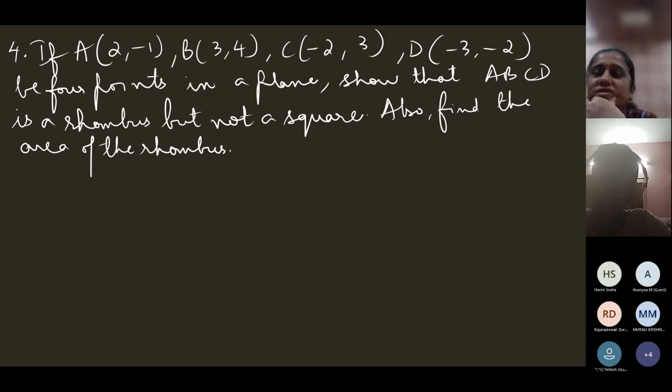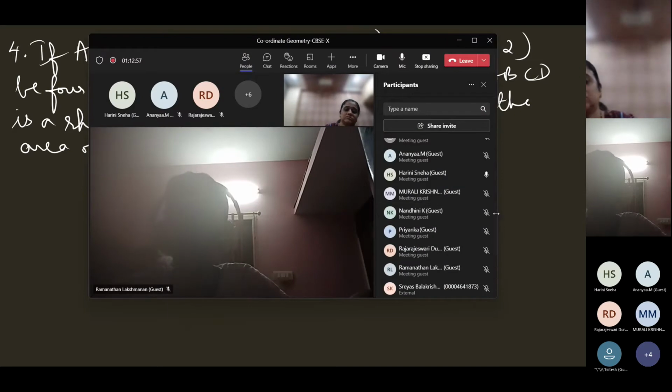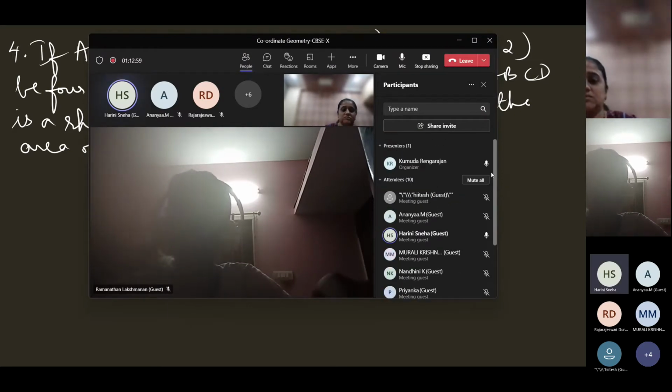What shall we do next, children? Arithmetic progressions or circles? Or areas related to circles? What shall we do next? Ma'am, arithmetic progressions.